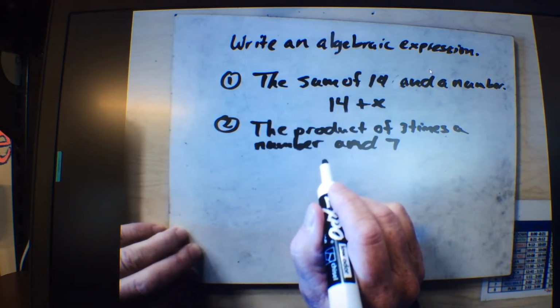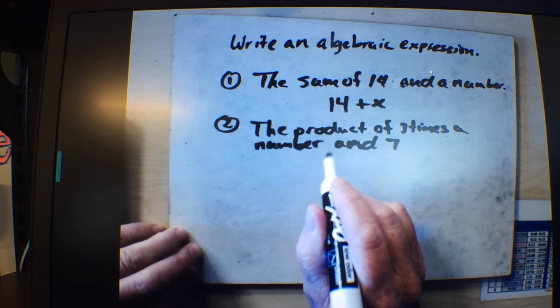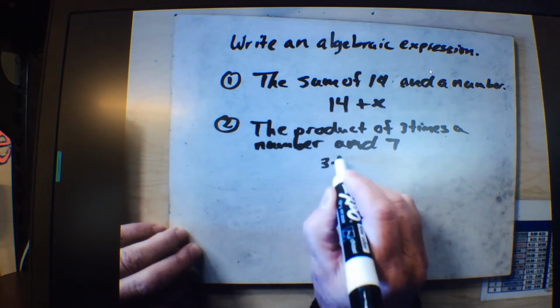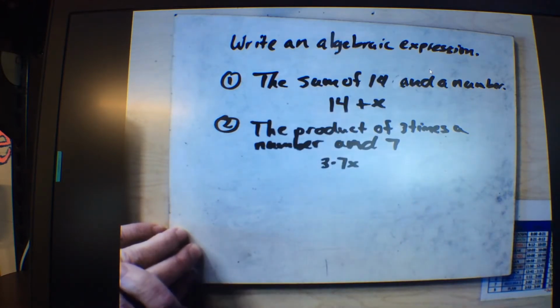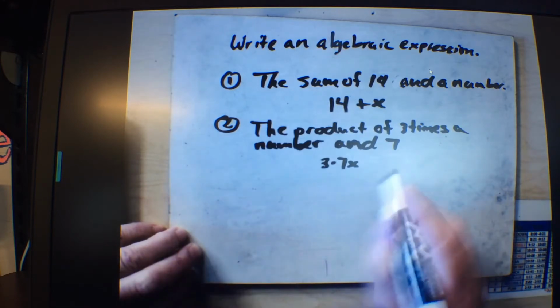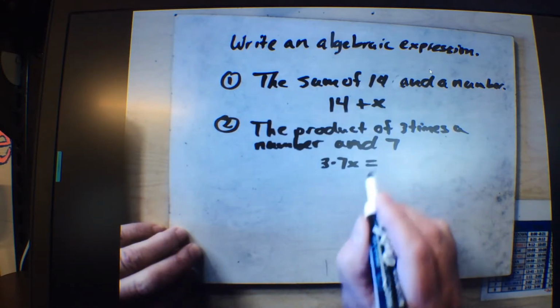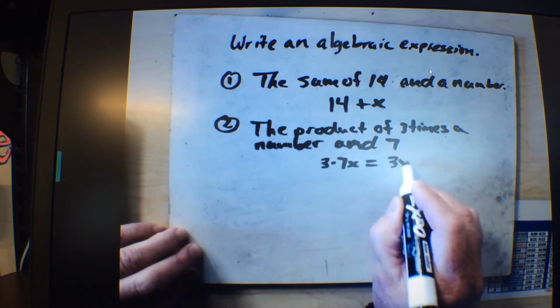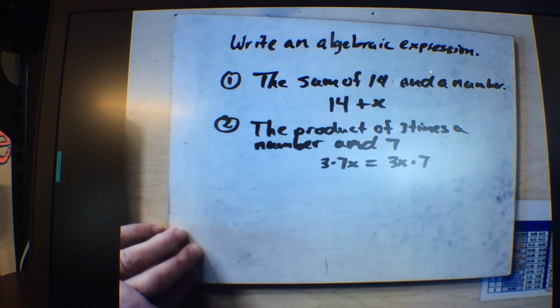Can she write it like that? She can, because multiplication is commutative and associative, right? However, could you have written it like 3x times 7? Yes, that's probably what I would have said. But they're both the same, aren't they? Because it's commutative and associative, correct?